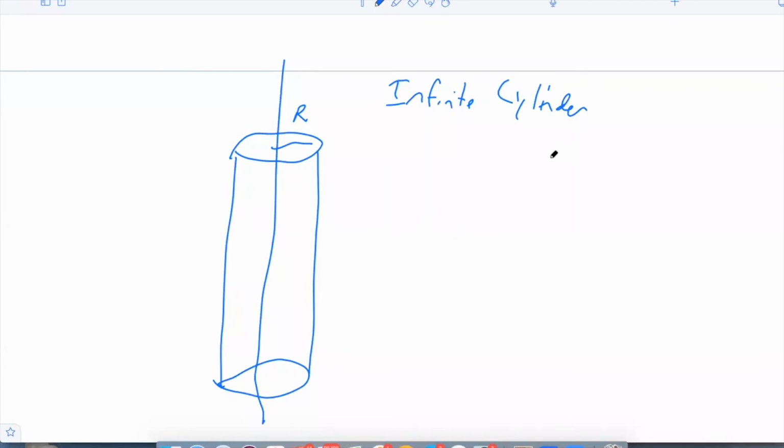This is the more advanced version, the infinite cylinder. We want to find E inside, so little r less than big R, and E outside, r greater than big R.